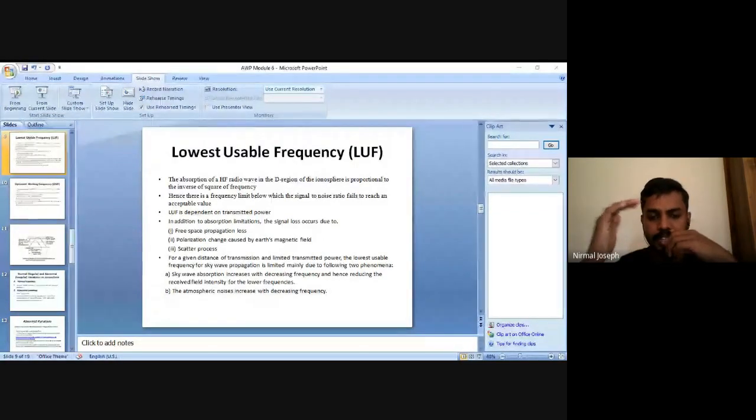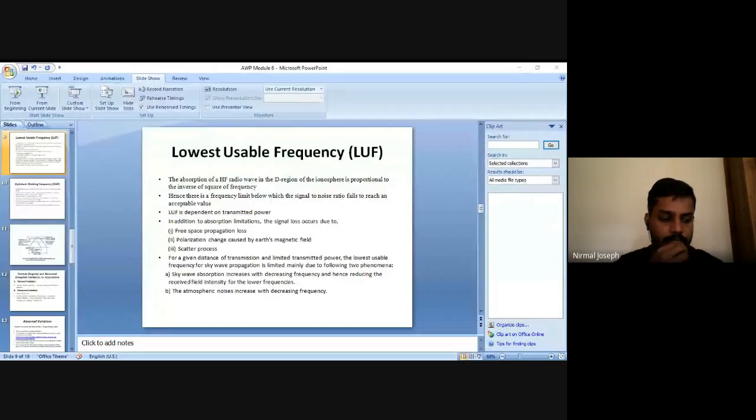If it is acceptable, then it's okay. The point where it starts to fall below the acceptable level is the lowest usable frequency.